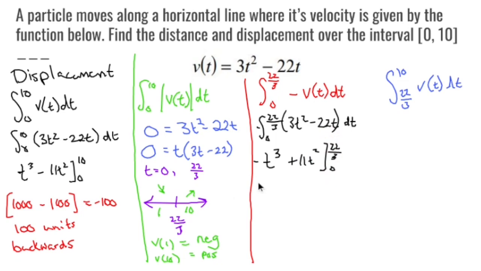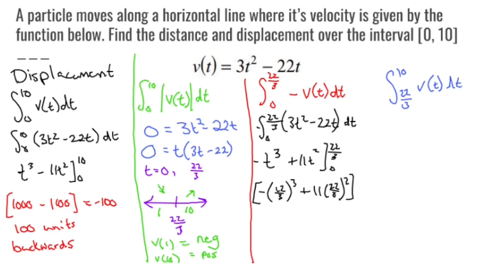So when I do the fundamental theorem of calculus, I get negative 22 thirds cubed plus 11 times 22 thirds squared, minus zeros.